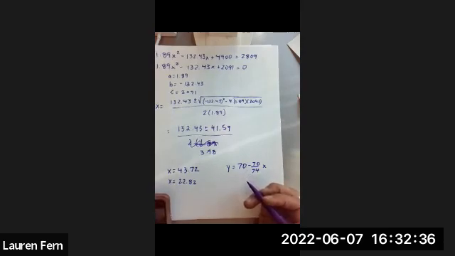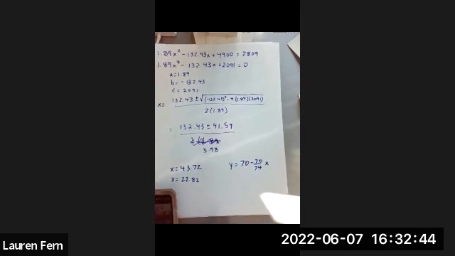And I am going to get, let's see, sorry, 70 times 43.72 divided by 74.